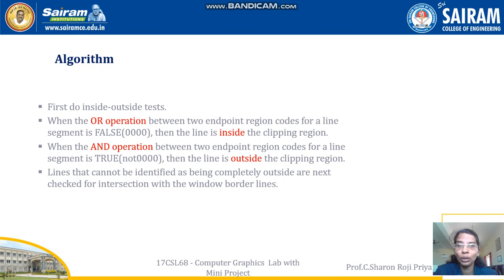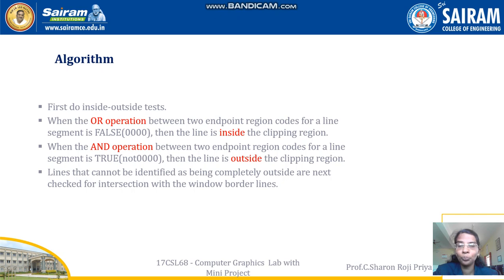The region code inside my clipping window will be 4 zeros, 0, 0, 0, 0, and I'll be marking the top, bottom, left, right region codes, and I can find out the region code for top left, top right, bottom left and bottom right. So totally I'll be having 9 region codes.